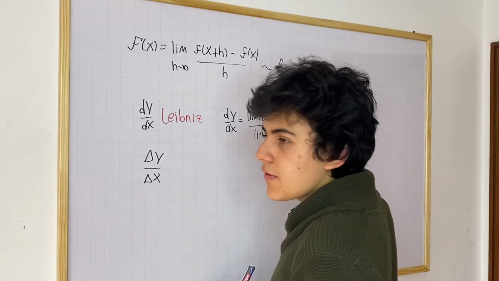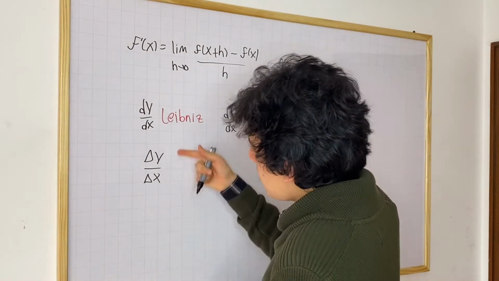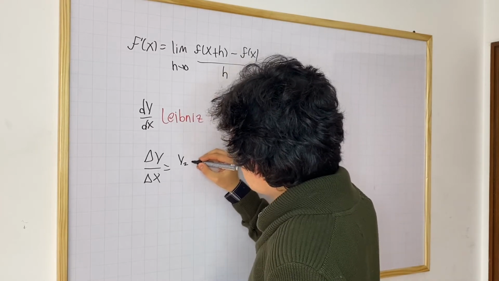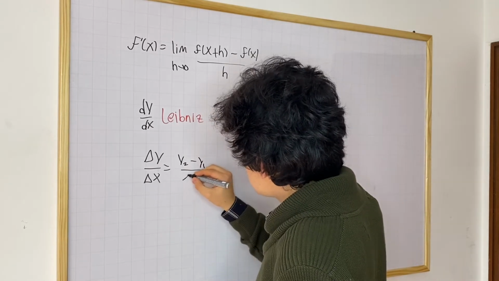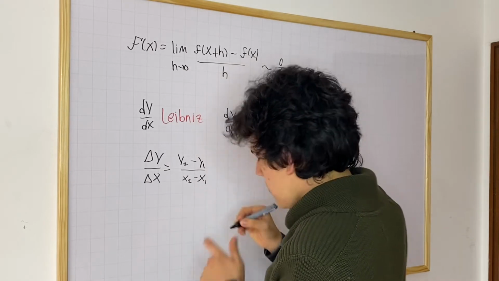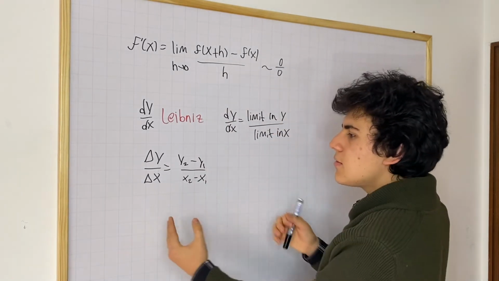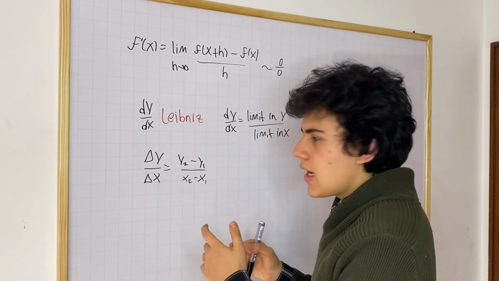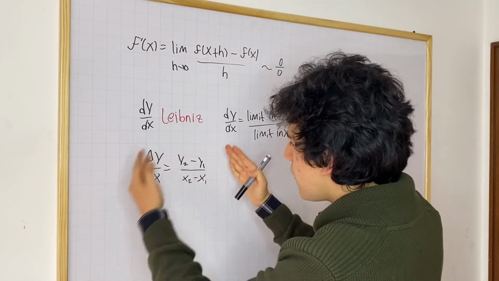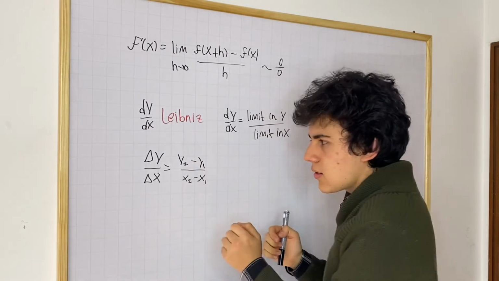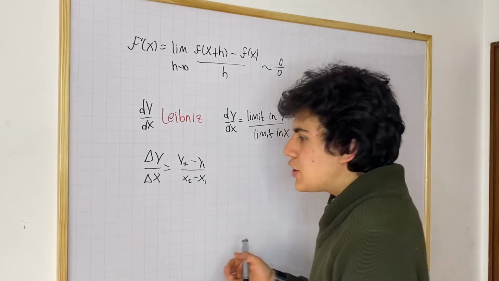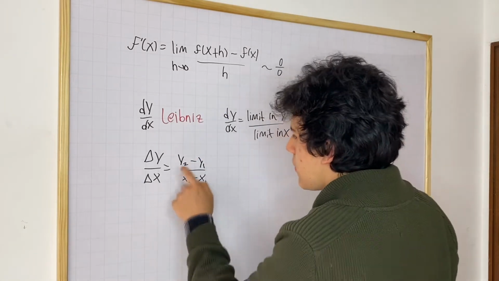An example of delta y over delta x is the equation that all of you know for the slope. This is basically saying, not on infinitely small scales, what is the change of y divided by the change in x. Remember, delta means change, the change in whatever variable you've got.